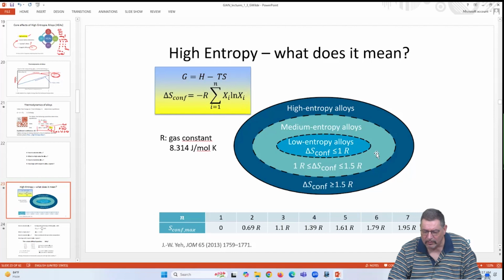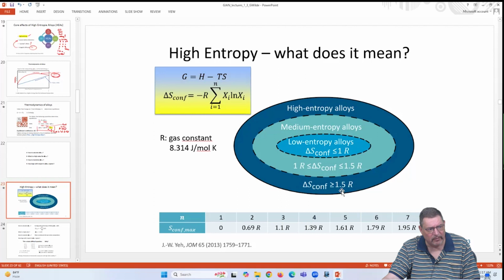Now, when we look at what is a high entropy, people in the literature distinguish between low, medium, and high entropy alloys just by the numerical value: how large is this delta S conf term?